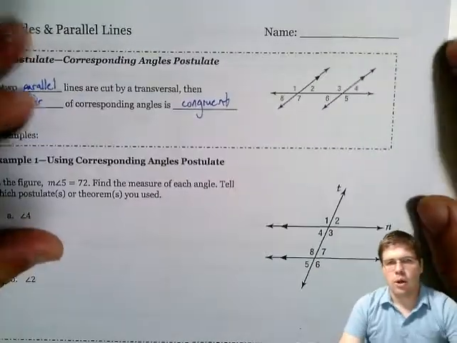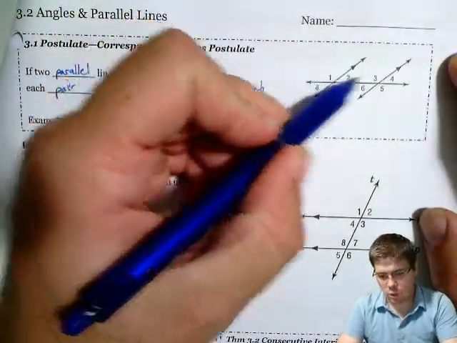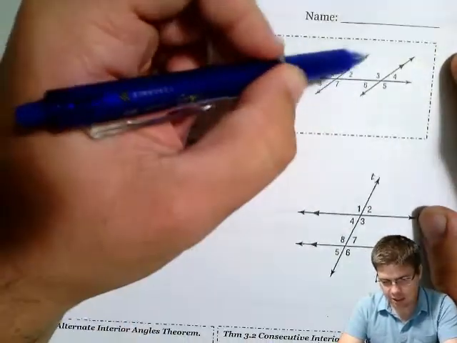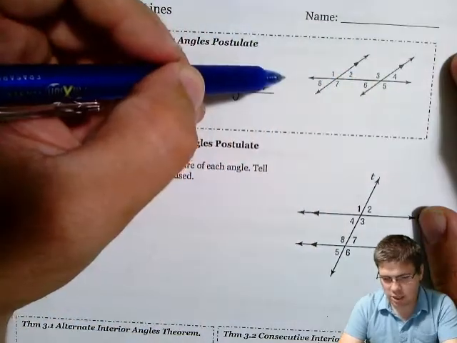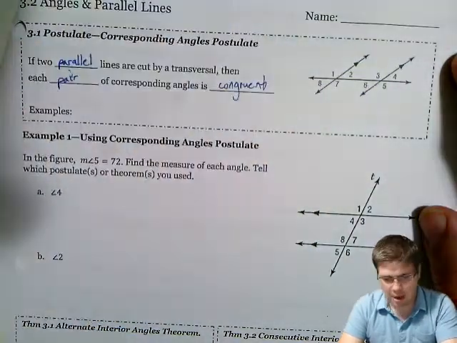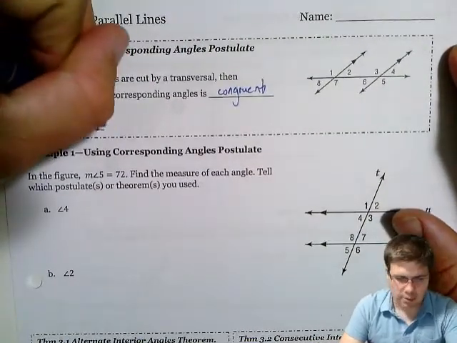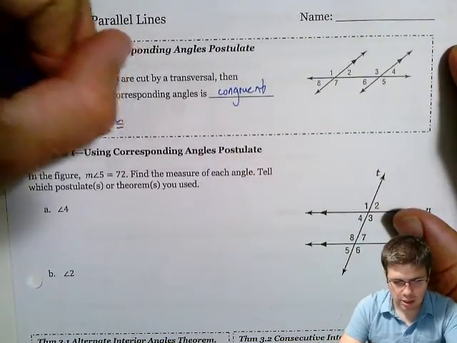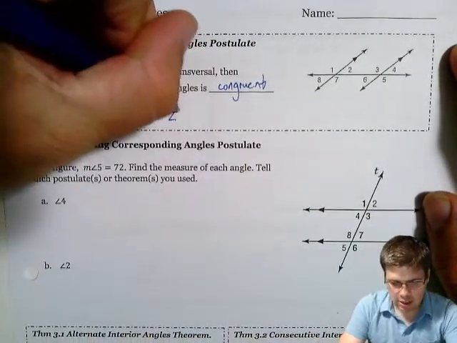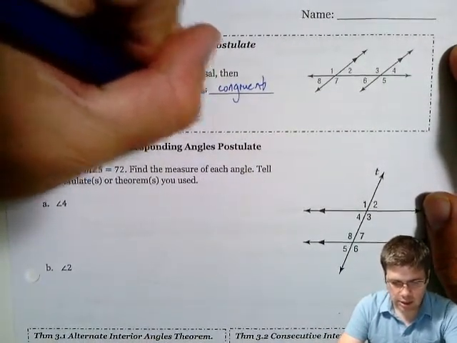All right, so corresponding angles like 1 and 3, and you can kind of see this, it's just kind of evident, right, this postulate, with that parallel line cut by this transversal, angle 1 is congruent to angle 3. Those are the same angle. And we could go around and do all these. Angle 2 is congruent to angle 4.